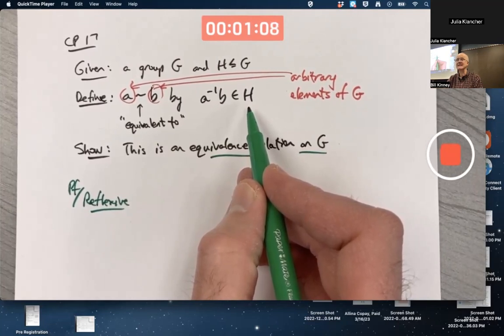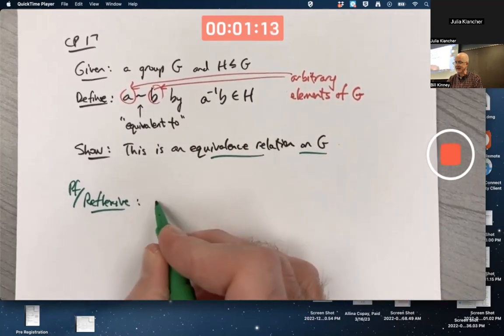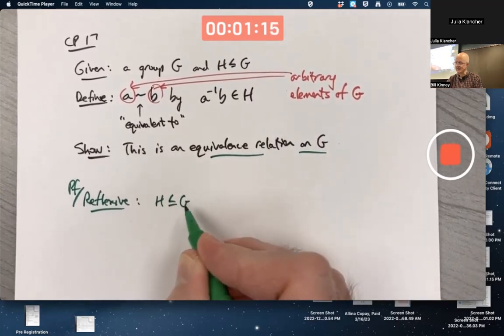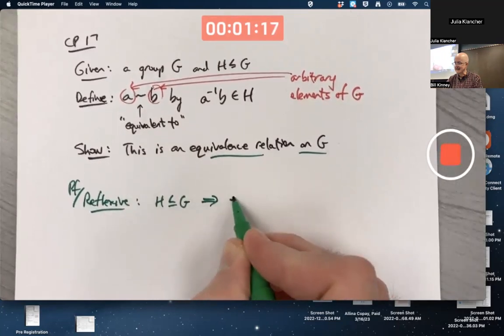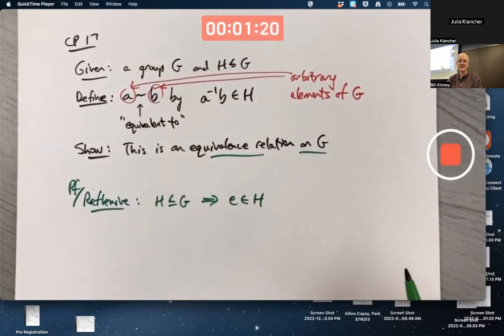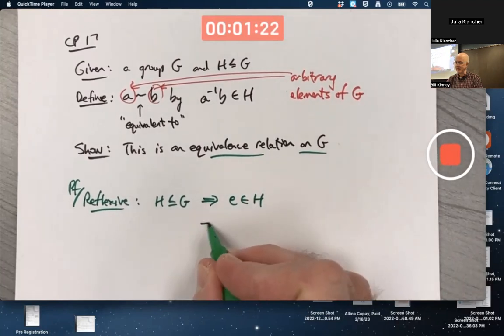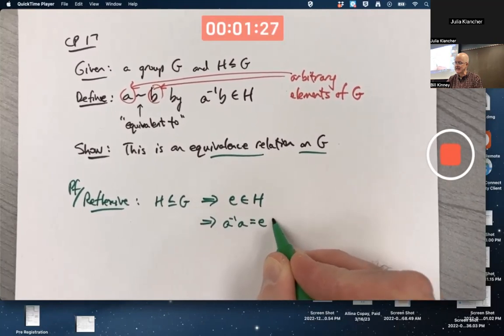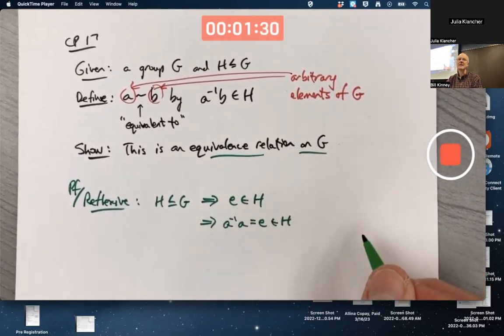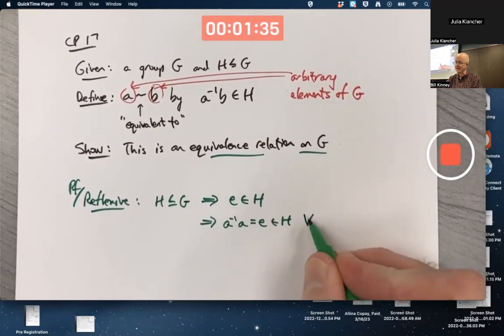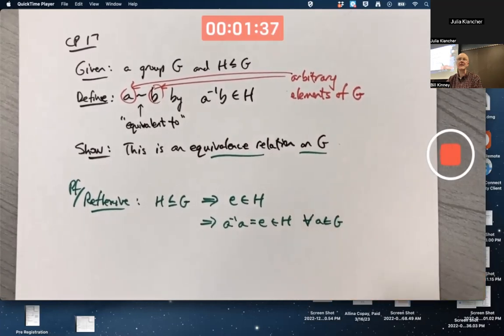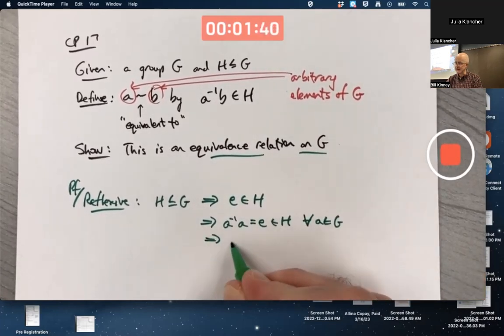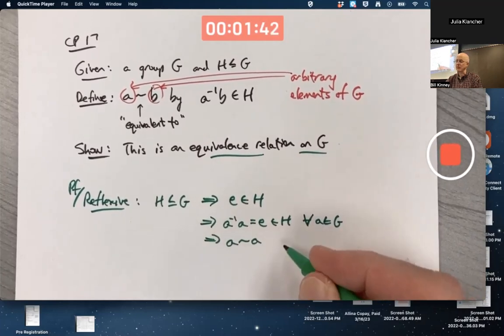But that's relatively easy, right? Because that's just E. Since H is a subgroup of G, the identity is in H. And that means A inverse A equals E is in H for any A in G, and therefore any A in G is equivalent to itself.